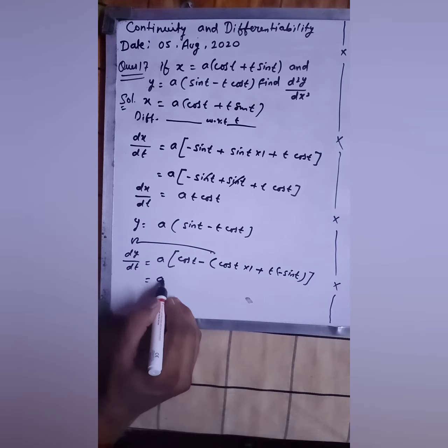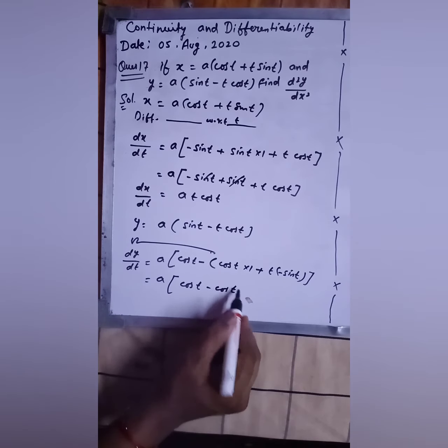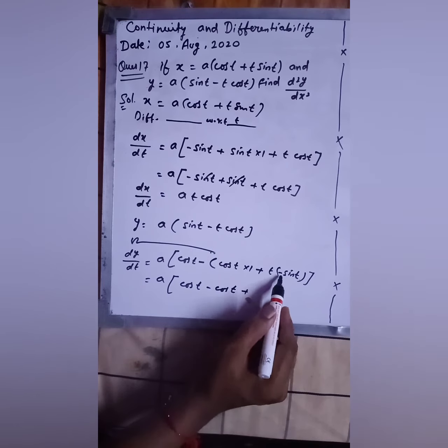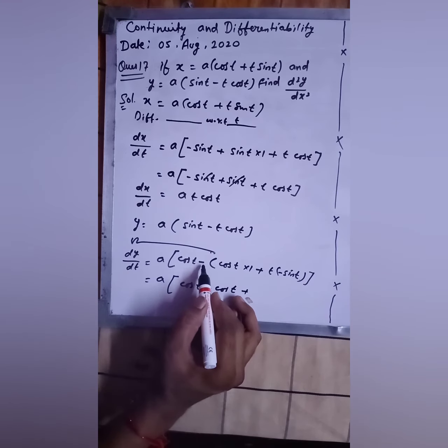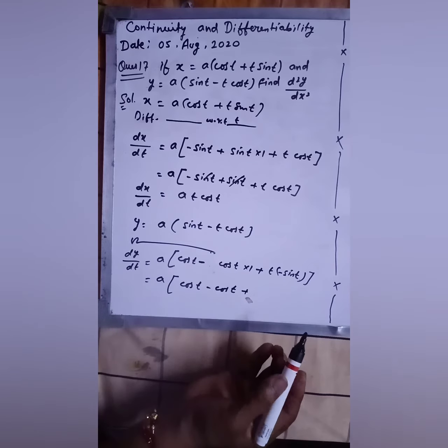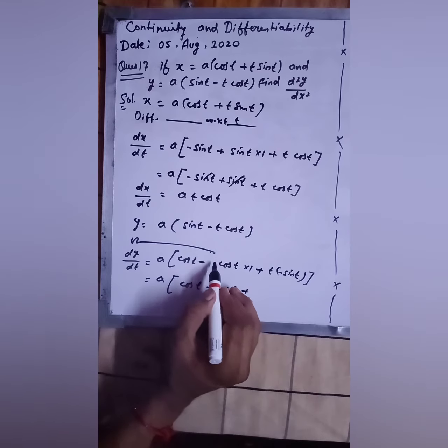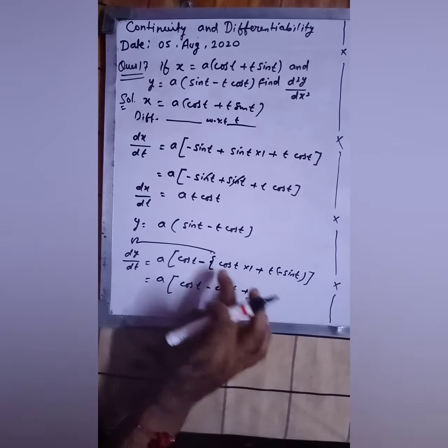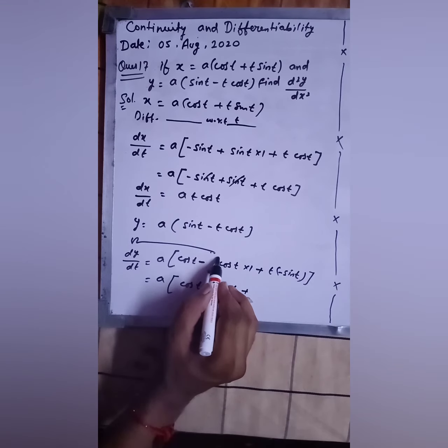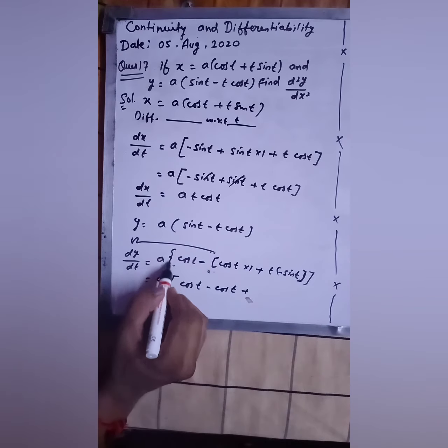Fine. Now here you have to simplify it. Cos t minus cos t plus, because this would be minus, and I'm just opening the bracket also. So here the minus is outside. Here you apply this square bracket, and outside I'm applying this bracket.